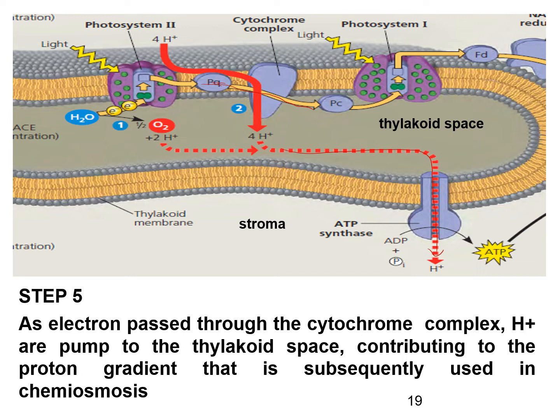The photophosphorylation occurs because the protons are pumped to the thylakoid space, to contribute to the proton gradient that is useful for chemiosmosis, to produce ATP during photophosphorylation.